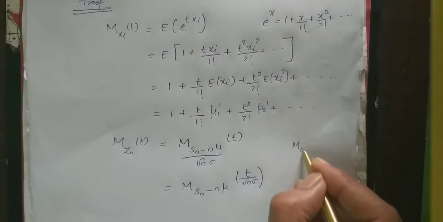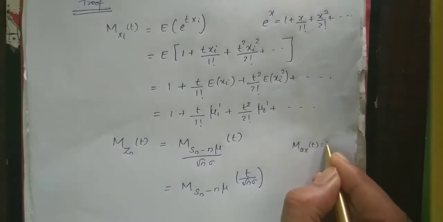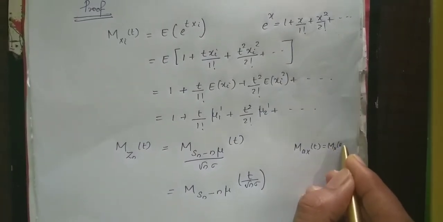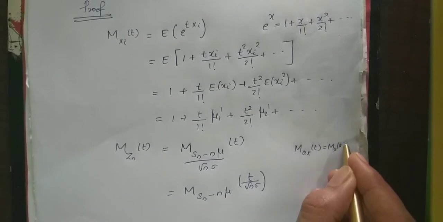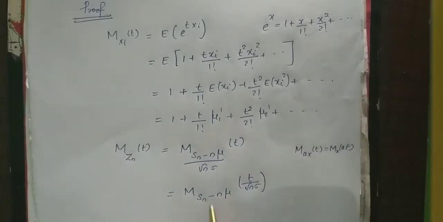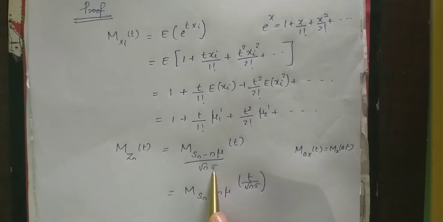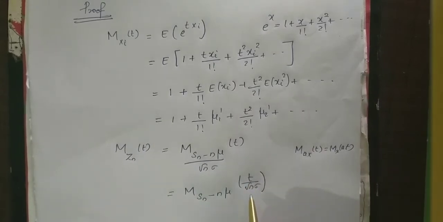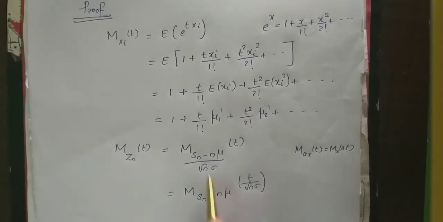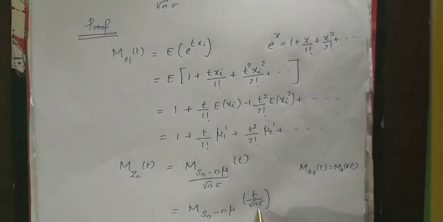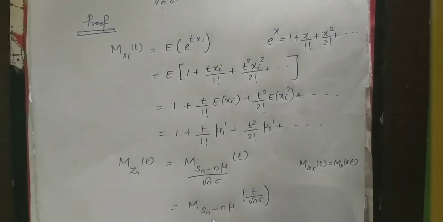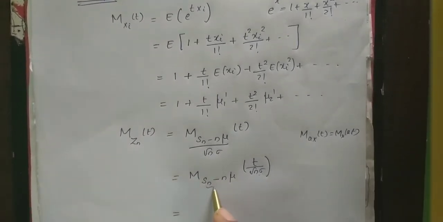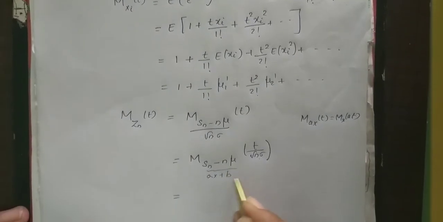M aX(t), we can write it as MX of at. Here a is 1 by root n sigma, so t by root n sigma. It is in the denominator, so it comes here. Okay, then now this is of the form aX plus b.